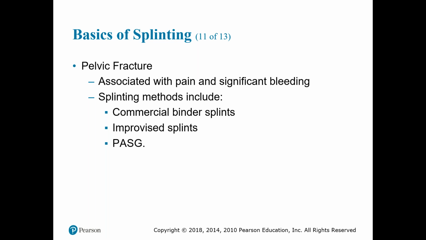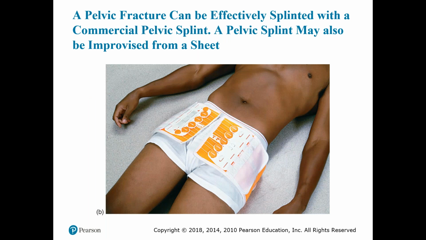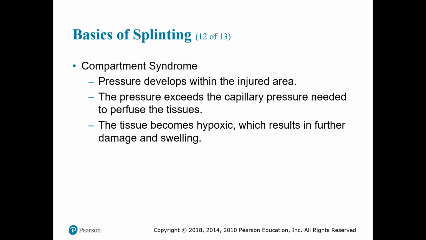They're big coverall pants. You apply them and then you start increasing the pressure within the air. That is not commonly used anymore because there's a lot of negative ramifications behind that. But there we can see that commercial pelvic splint.